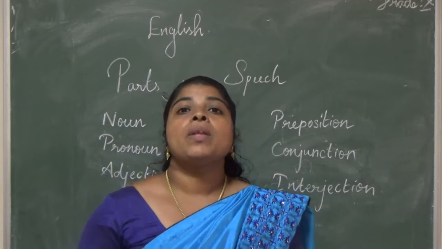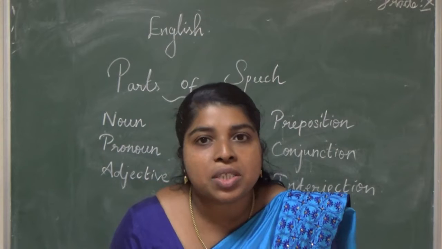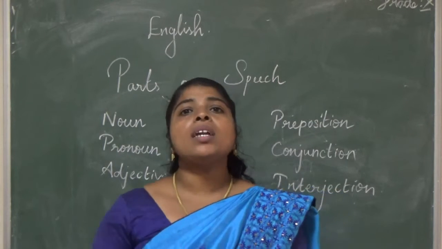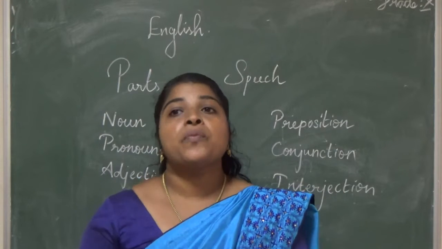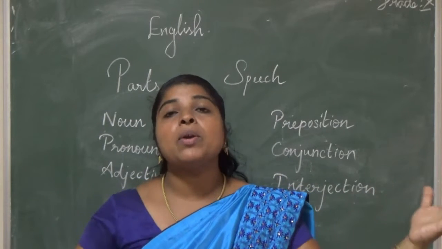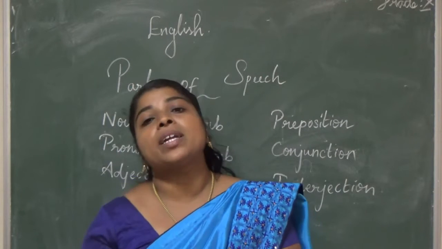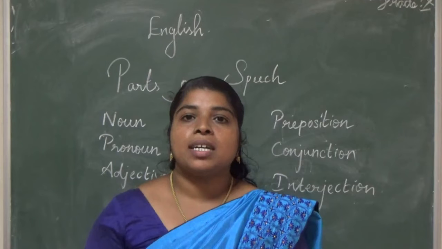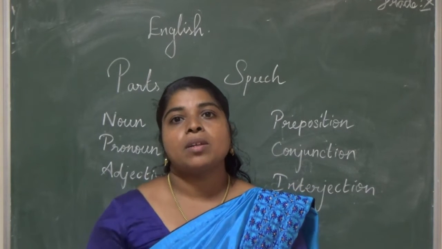So the next word is conjunction. Conjunction is a connecting word. It will not connect only words. It will connect clauses, phrases, and sentences. Conjunctions are also of different types: coordinating conjunction, subordinating conjunction, correlative conjunction, compound conjunction.